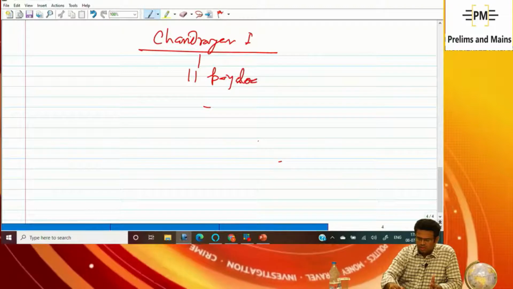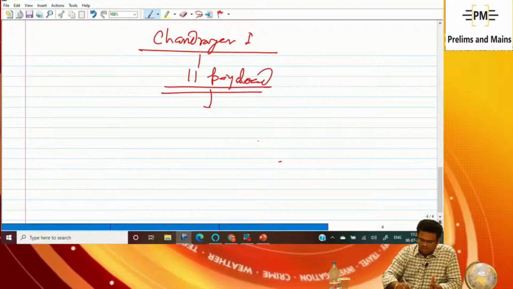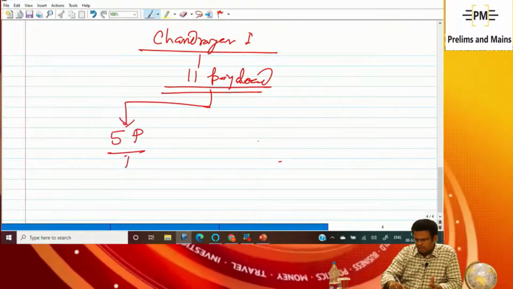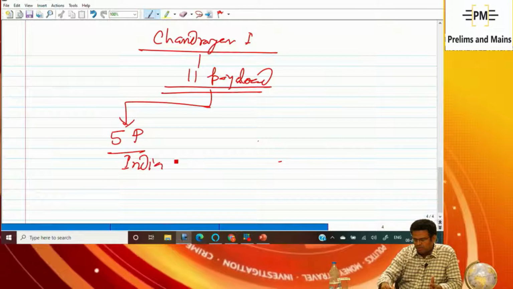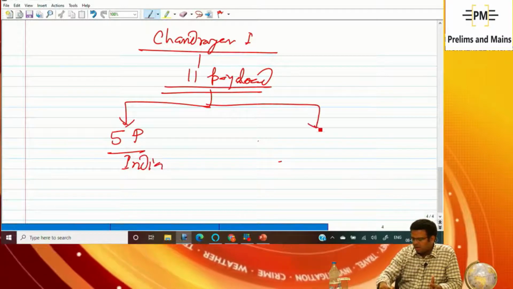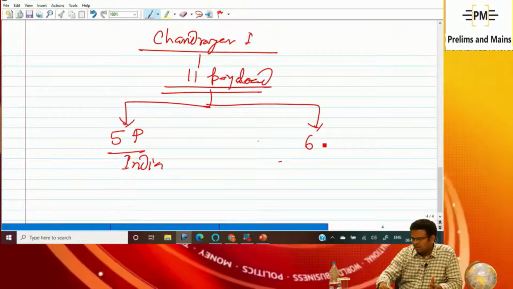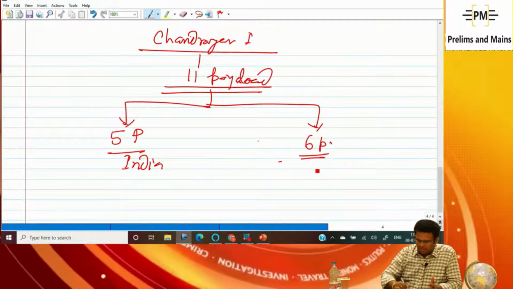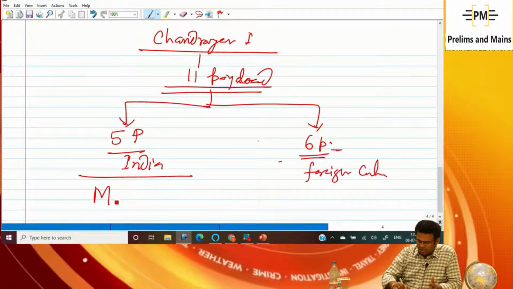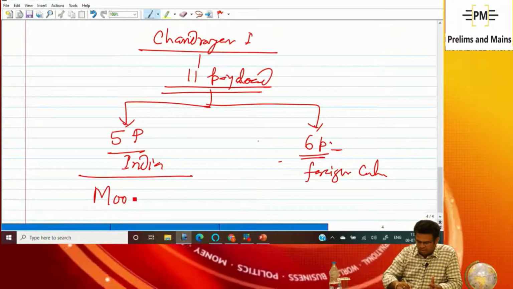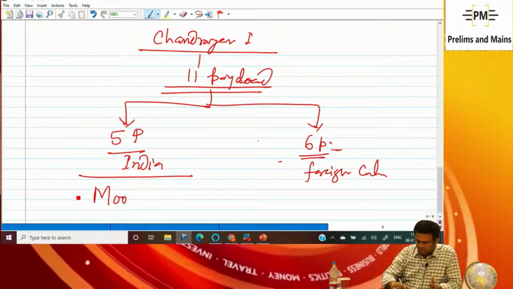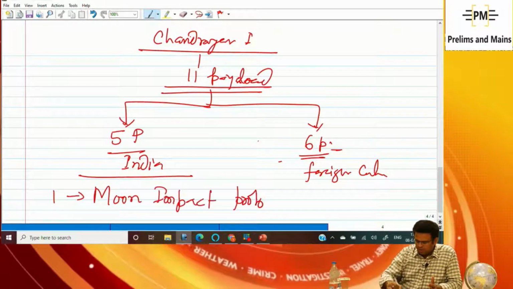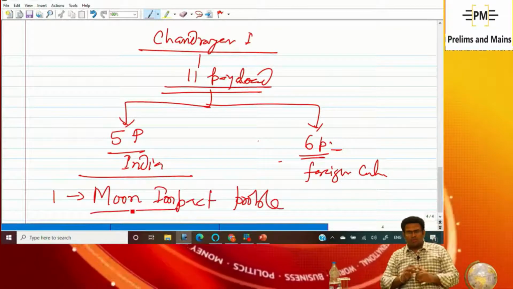In this, 5 payloads are from India, and 6 payloads are from foreign countries. Understood? And the important part of it is there is a moon impact probe. Out of 5, one is a moon impact probe.